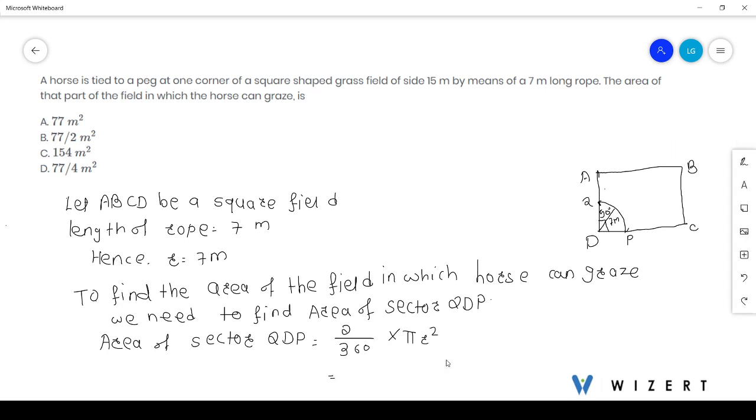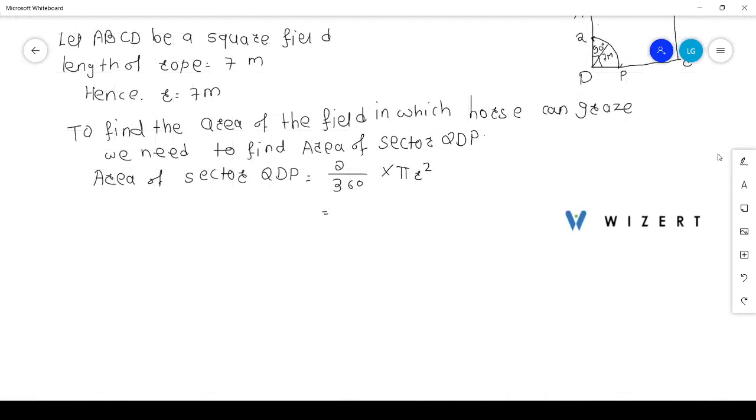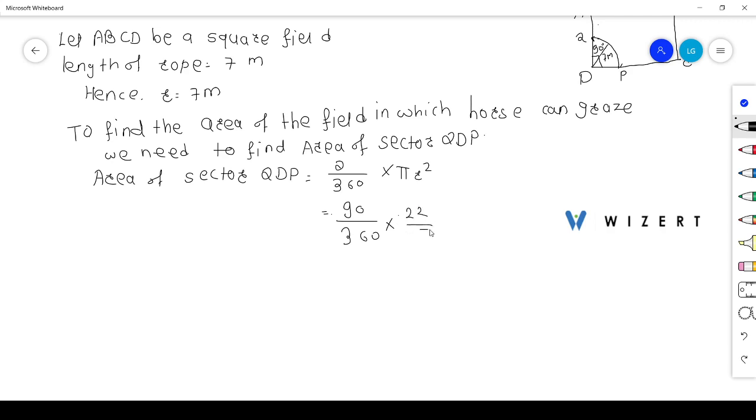So substituting the values here we can observe theta is 90 degree. So 90 divided by 360 into, as it is the angle of the square, so it will be 90 degree. 90 divided by 360 into, suppose pi is 22 by 7, into r square means 7 square.